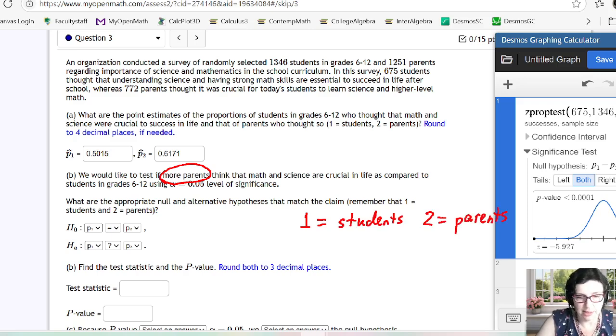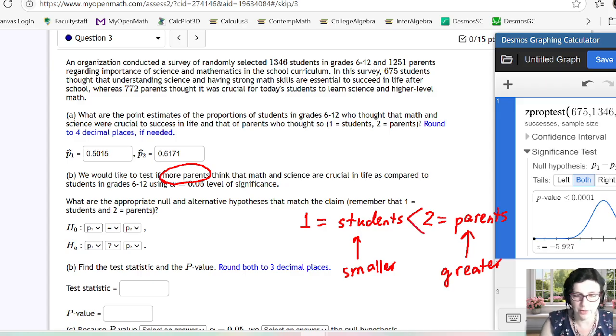Now, according to the claim, more parents think that math is more important, so this number will be greater and this would be smaller. So when you draw the inequality, always draw it from the smaller towards the larger. So it opens up like that, right? From smaller to larger. So this is actually going to be a left tail test.